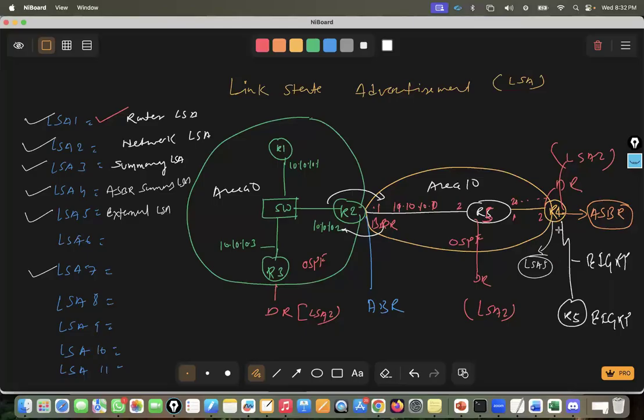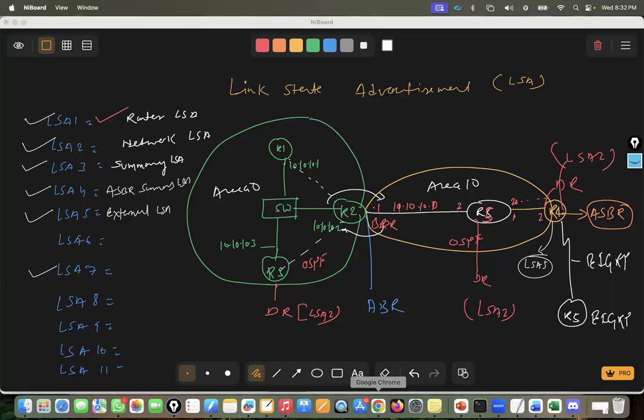So now if this external route is coming in this area, this ABR is going to tell who is your ASBR, who is injecting this LSA5. You got my point? If they want to go to the external network, it is going to tell these routers who is sending the LSA5. So they will tell your ASBR information.